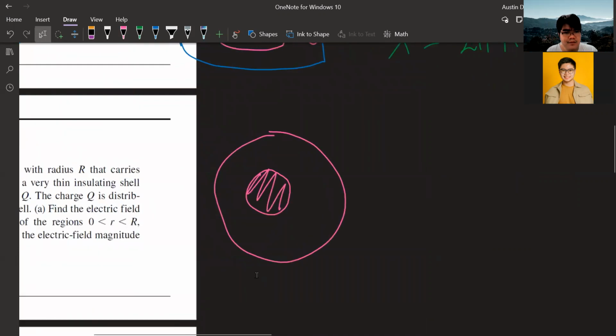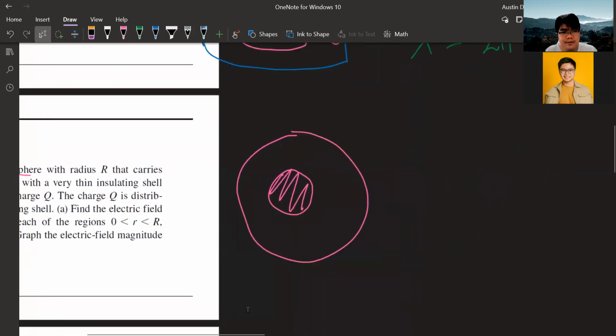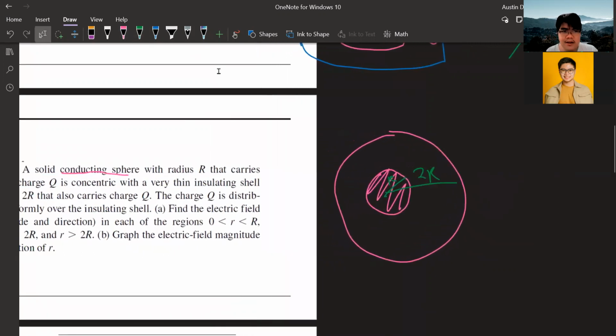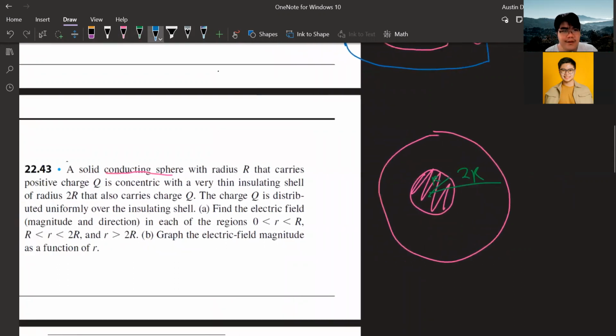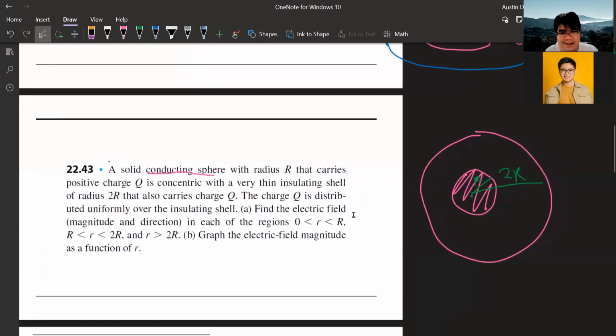Okay. So, I think this is easy. This is R. This is 2R. Gagamit ka lang din ng Gauss's law kasi yung topic natin for today, Gauss's law examples. So therefore, you're gonna use Gauss's law.